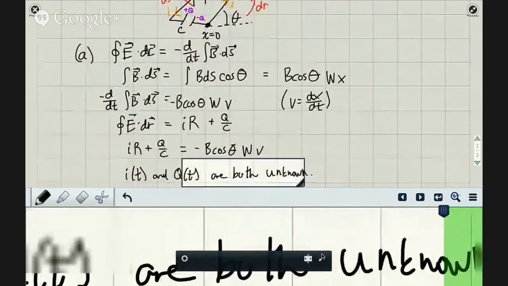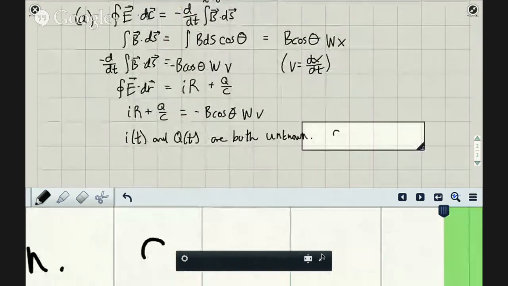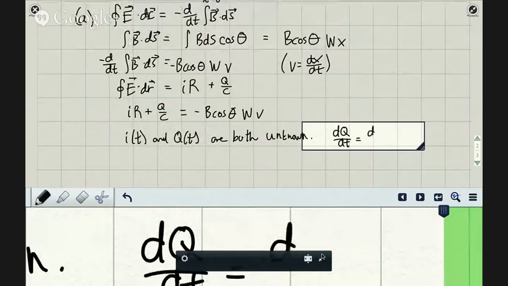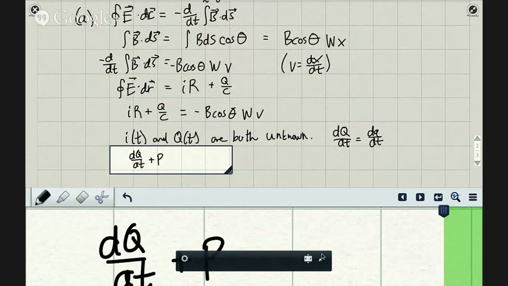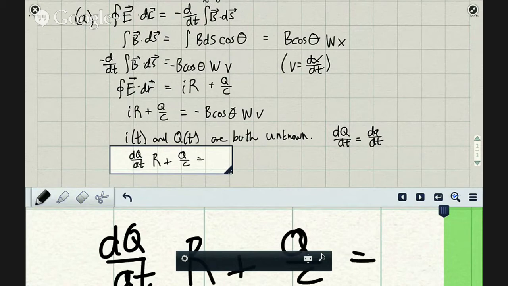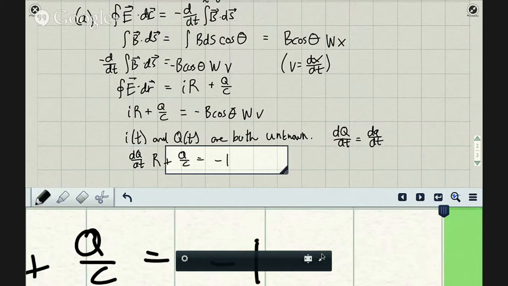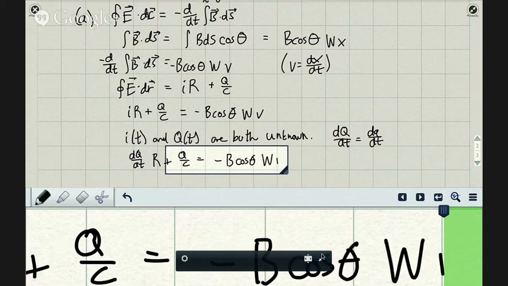So the rate at which the charge Q changes on the capacitor plate is the same rate at which the current's going through the wire, since it's charging it up. And so we can replace this I with dq over dt, times R, plus Q over C is equal to negative B cosine theta wv.